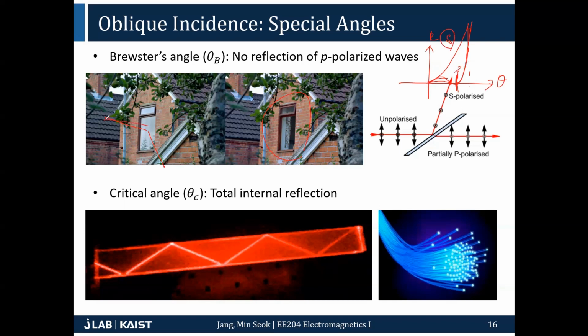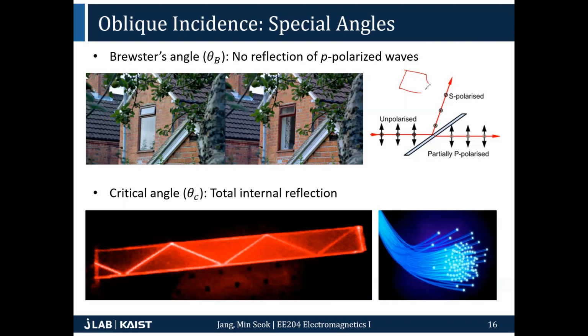So what's reflected is basically mostly S polarized, right? So if you filter out S polarized light, then you can see through the window. So that's what these two examples show. And this is why you wear sunglasses with polarization.